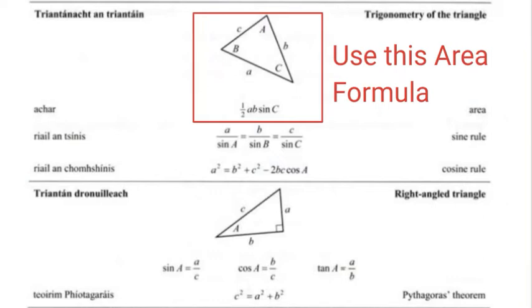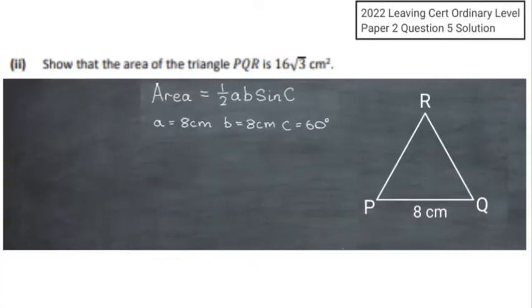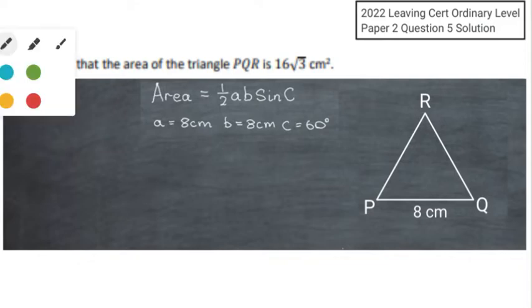So the area formula has the angle in the center and two corresponding sides on either side. Right, so now we have to sub in our values, so we can see that every side is the measurement of 8 centimeters and the angle in between is going to be 60 degrees. So we could use this for any angle. So let's work it out.